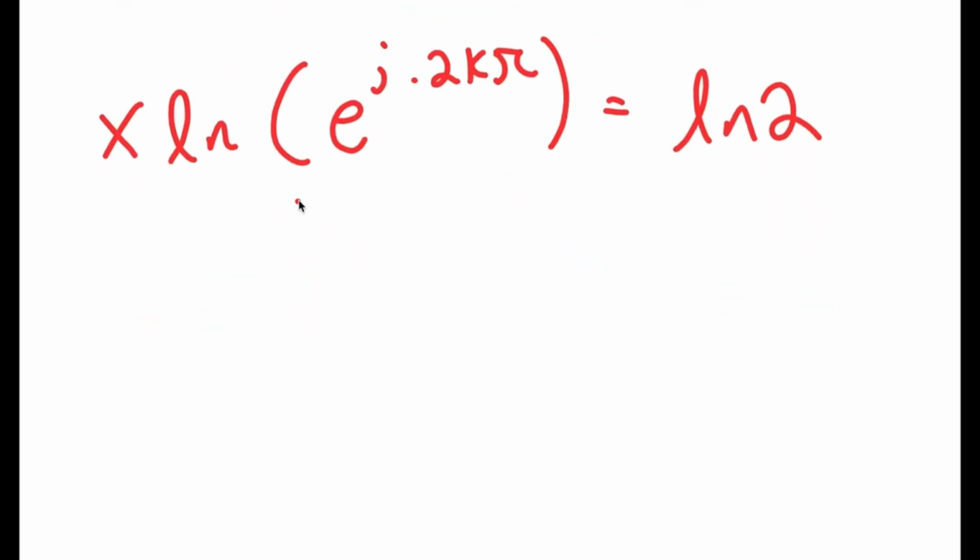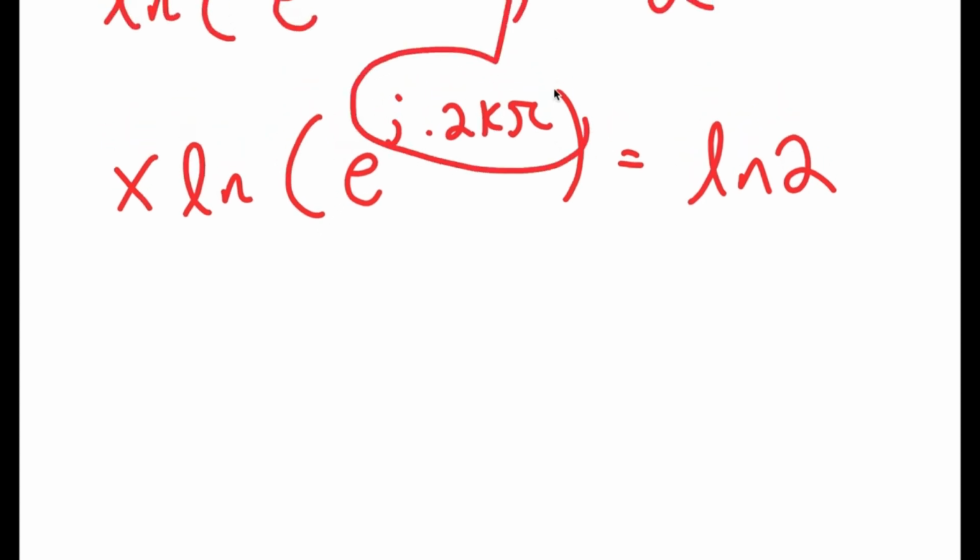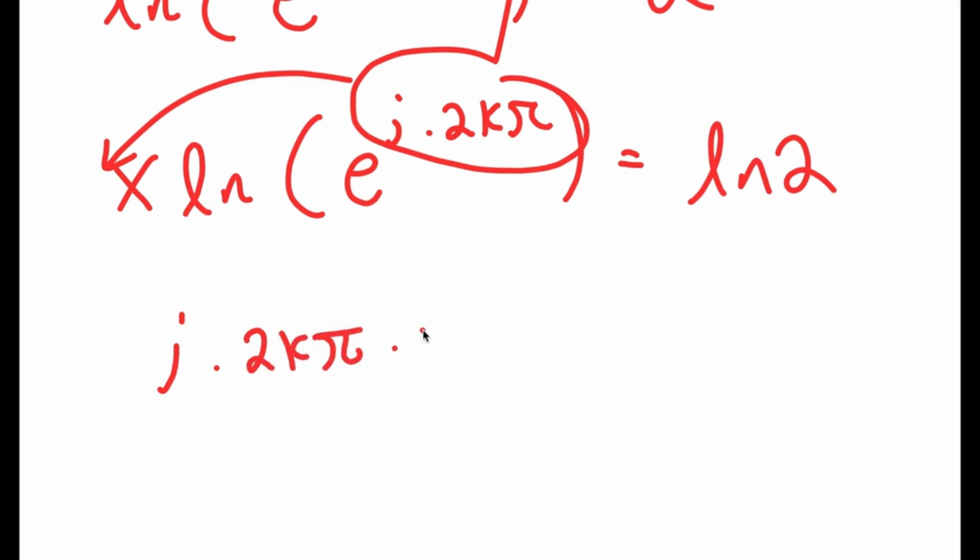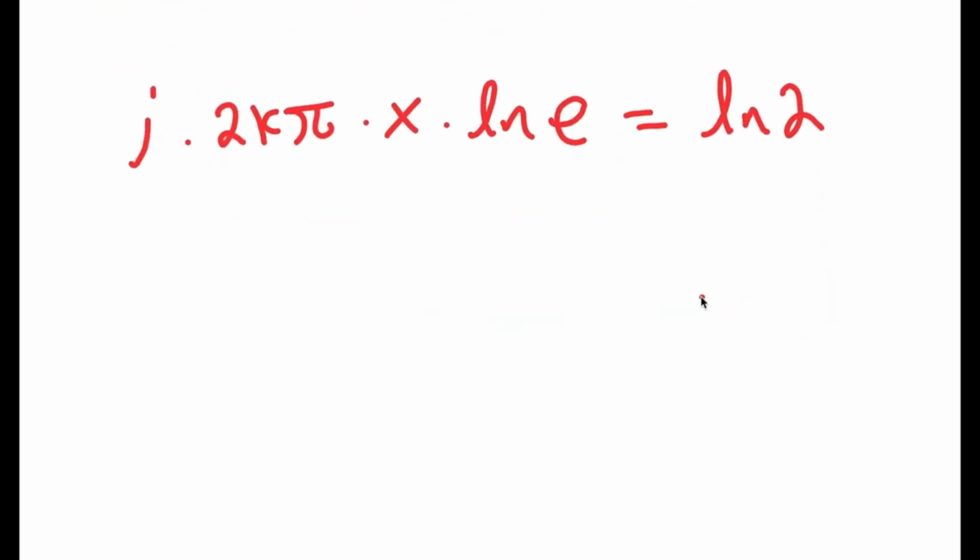And now, I can also move i times 2k pi to the front. So I have i times 2k pi times x times ln e is equal to ln 2. ln e is simply equal to 1.